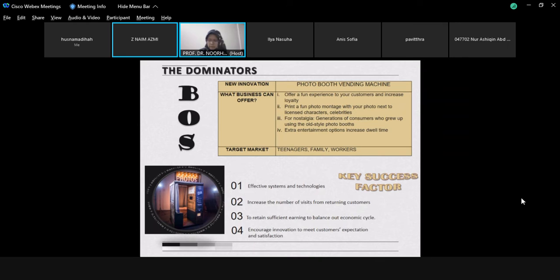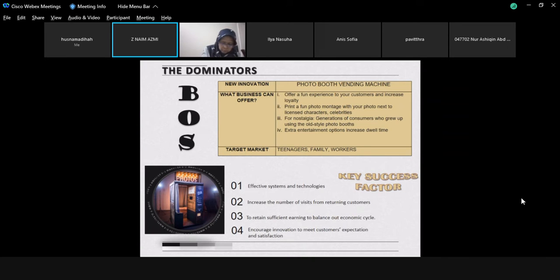For my group, we decided to eliminate the use of CD, which is nowadays people tend to use Google Drive, which is more convenient and easy to access every time. So the effectiveness of system and technologies, I agree with the suggestion. And the next one, about to retain sufficient earning to balance our economic cycle. I agree with it, which is by having more people visit the photo booth vending machine.